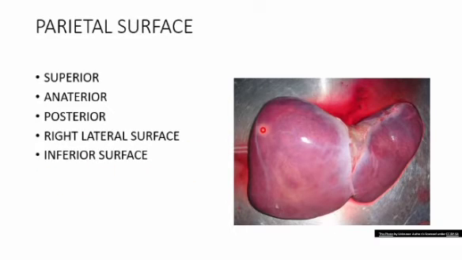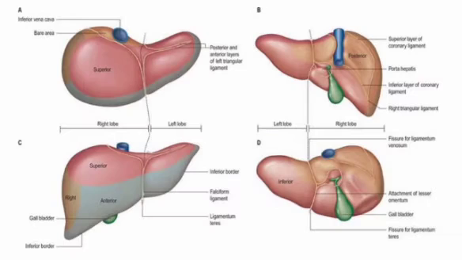In this image we can see a freshly removed human liver. You can see the covering of peritoneum and the wedge shape of the liver, and you can see the superior border as well as the inferior border very clearly. This image is a clue for us to understand the different surfaces.